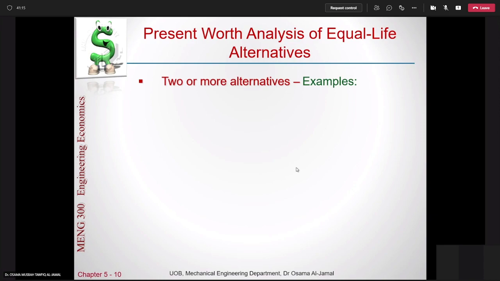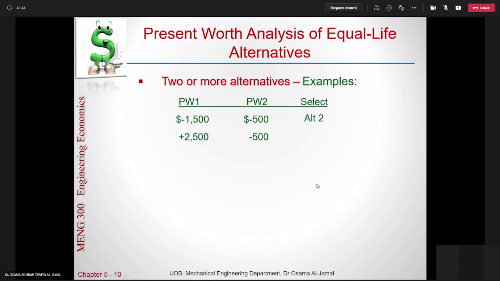Two or more alternatives. Now tell me, for each alternative, which one you are going to select? Between alternative 1 and alternative 2, which one are you going to select? I know the answer is there. Alternative 2. Okay. The second one here.